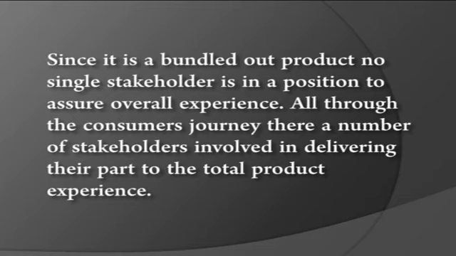Composite in nature. Since it is a bundle of products, no single stakeholder is in a position to assure the overall experience. All through the consumer's journey, there are a number of stakeholders involved in delivering their part of the total product experience. This substantiates the complex nature of tourism products.